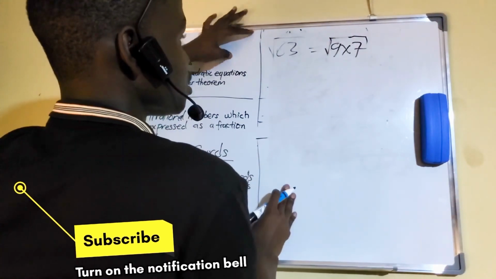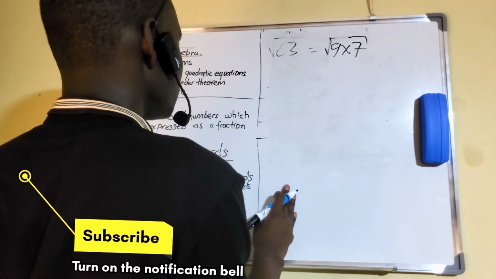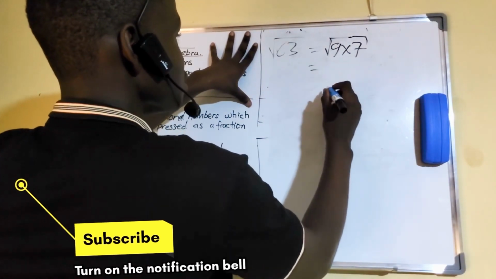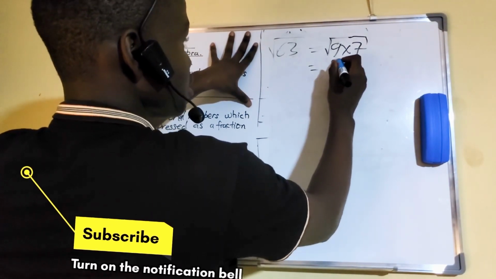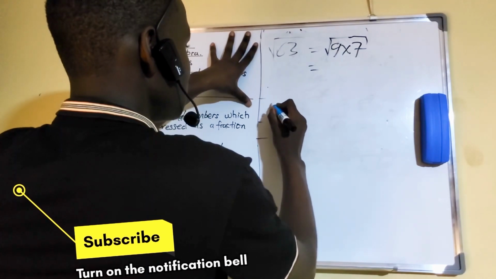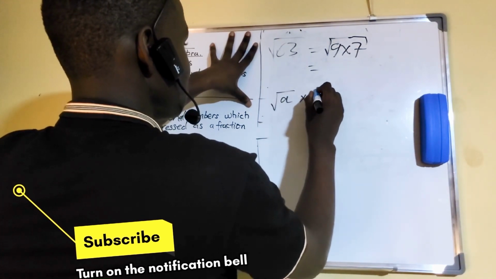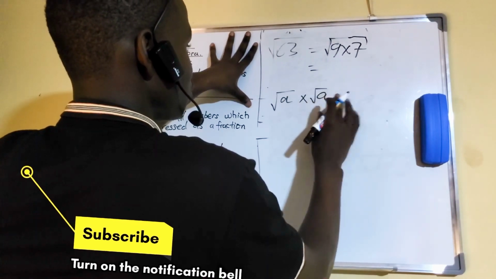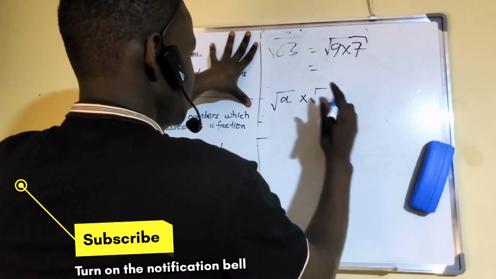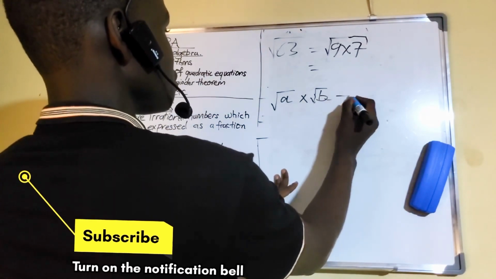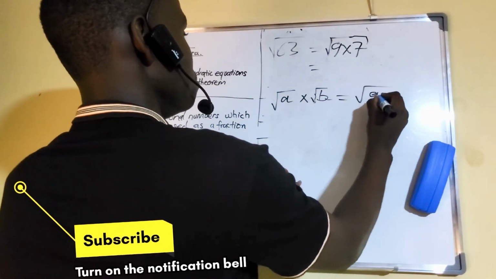Now we see that 9 is a perfect square number. Now I can simplify further to get, remember when we said root of a times root of b, I can even change this to give us root of ab.